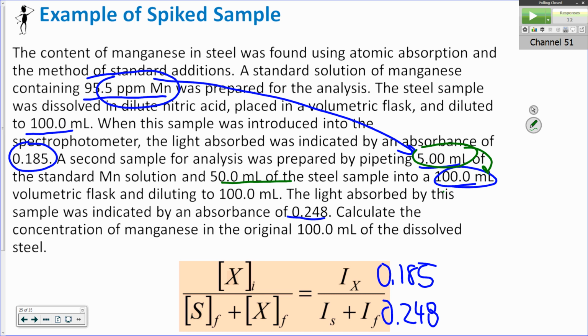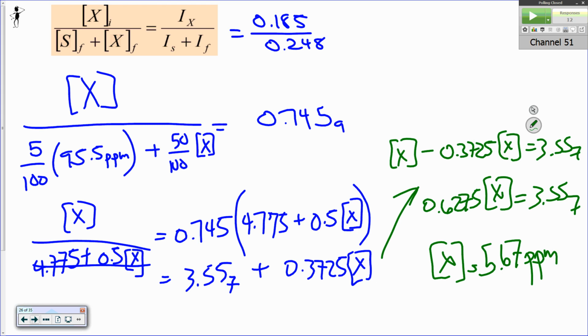But this original 5 mils of the standard was diluted 100-fold. So 5 divided by 100 is a 20-fold dilution times the 95.5. Its concentration comes out to 4.775. And then the second dilution, the original sample: I took 50 mils of it and diluted it to 100. That's the reason it's 0.5x. So reduce this down to a single number. Simplify this as much as possible.